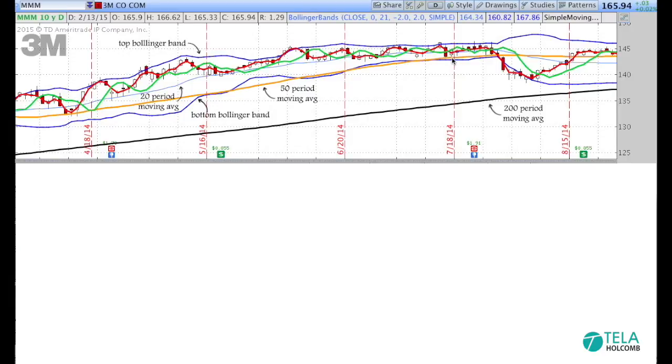The 50 was providing support for a while, but then the candles went through the 50, the orange line. At this point, when the candlesticks go through that line, and the candlesticks are now below the orange line, it's considered resistance. So it could provide some sort of resistance, keeping the candlesticks down if it wanted to.